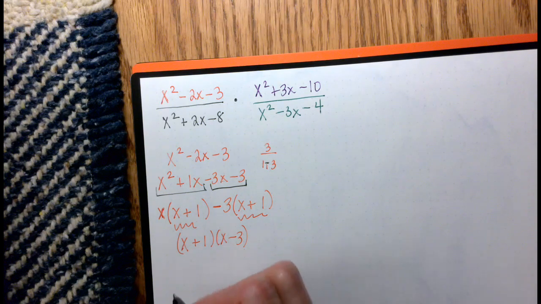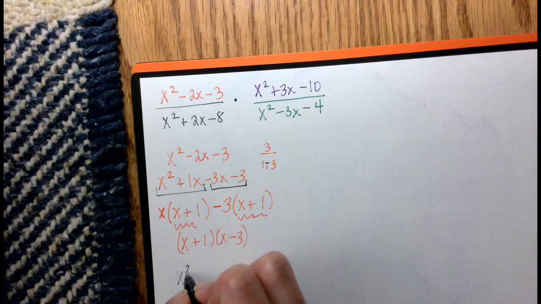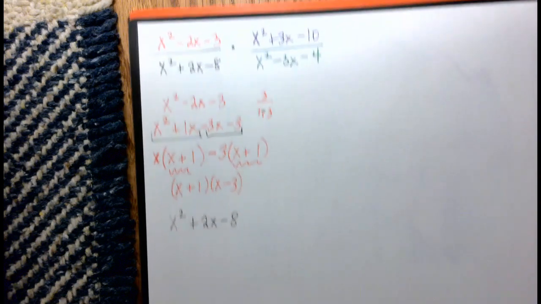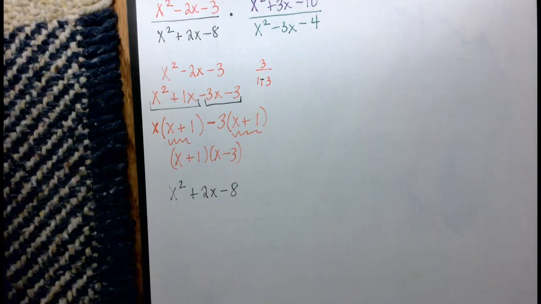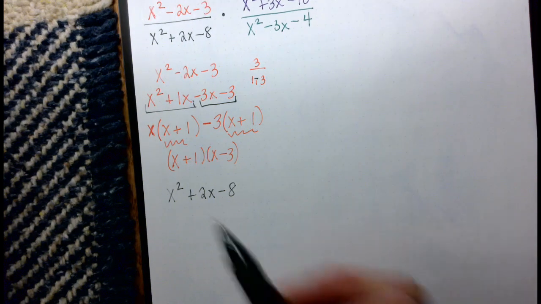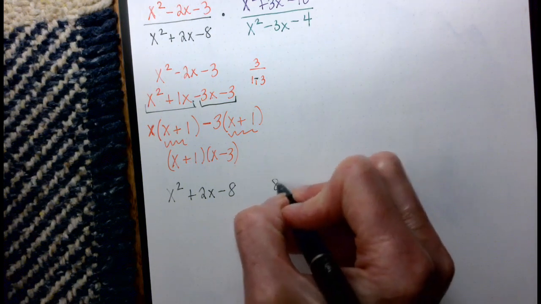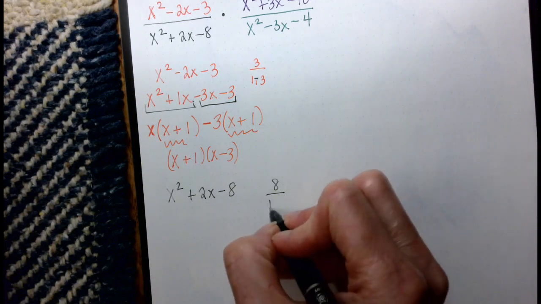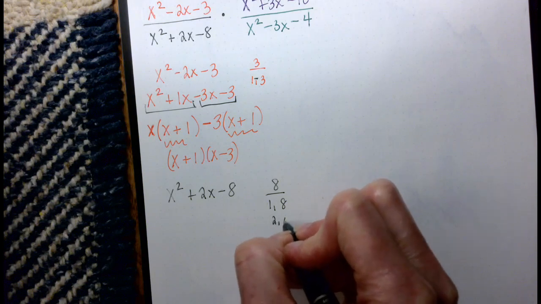If we take a look at the black expression, x squared plus 2x minus 8, we are going to be splitting the middle with that expression as well, and in fact all 4 of the expressions. 1, the number in front of the x squared, times 8. The factors of 8 are 1 and 8 and 2 and 4.